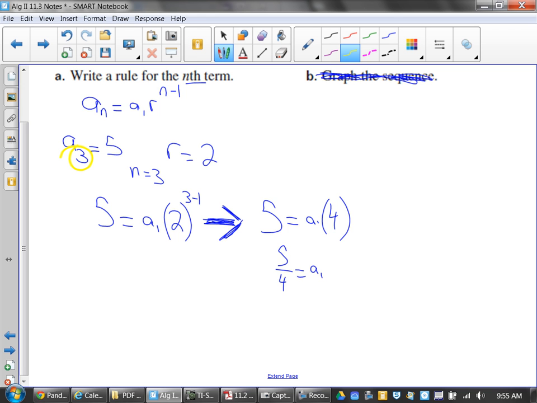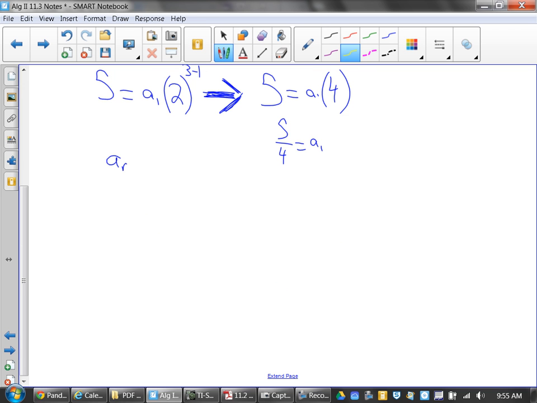Yeah. So now, knowing the rate, your nth term rule will be your first term times the rate to the n minus 1. You put them all together, you get 5/4 times 2 to the n minus 1 is your rule. So we just had to solve for the first term in this case. All right?